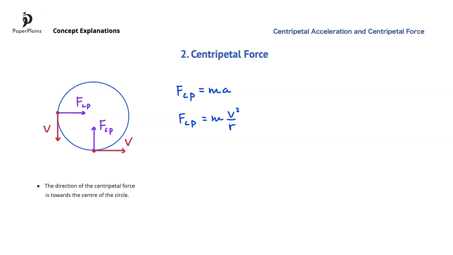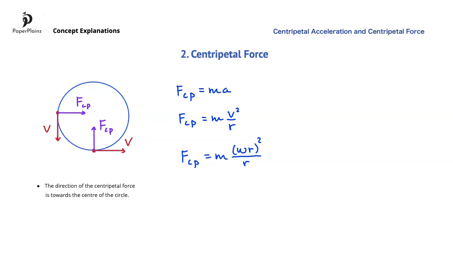In the previous video, we learned that v, the linear speed, is equal to omega times r, where omega is the angular speed and r is the radius. Substituting this in place of v, we get that FCP is equal to m times (omega r) to the power of 2 divided by r.